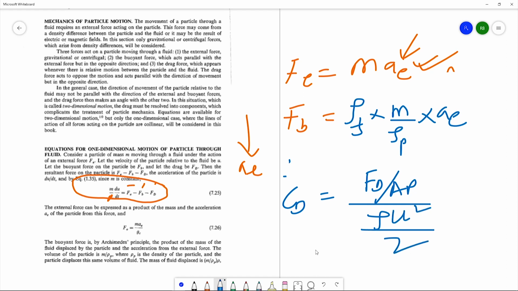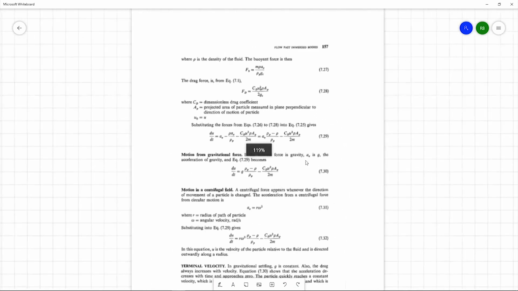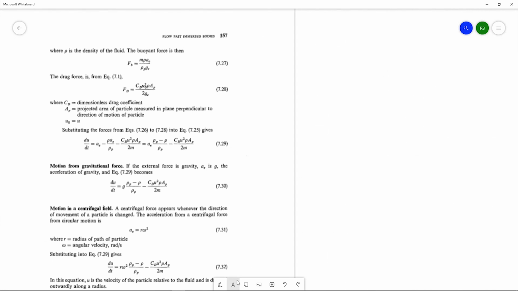So if you rearrange, you will get F_D equal to this. Okay, ignore GC. GC is 1 in SI unit. If you are calculating in SI unit, just put GC equal to 1. So you can get F_D. F_D is here again calculated. Again ignore GC. So we have found it.